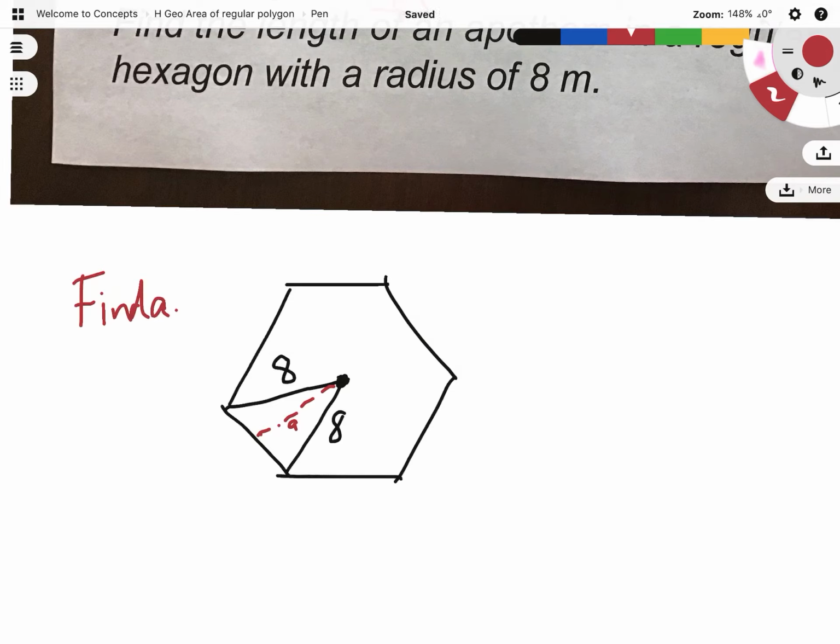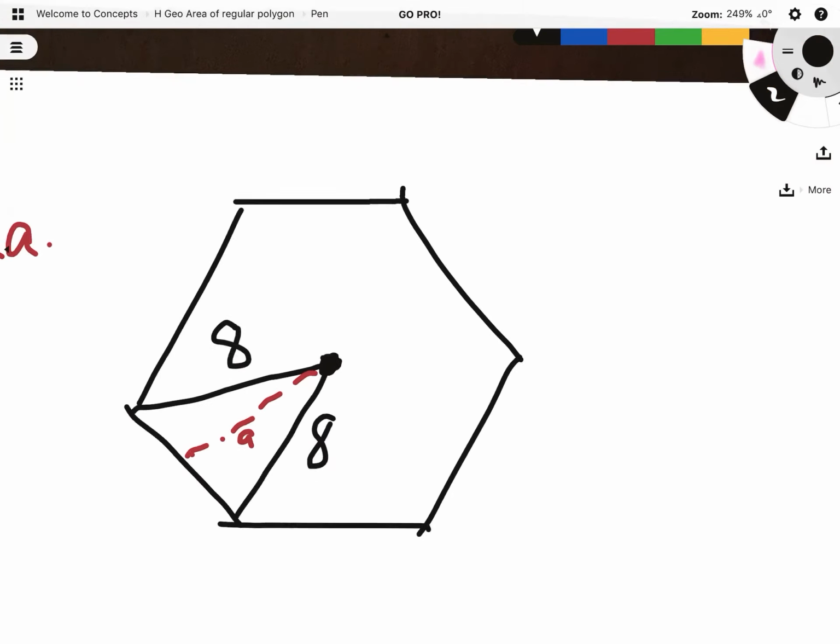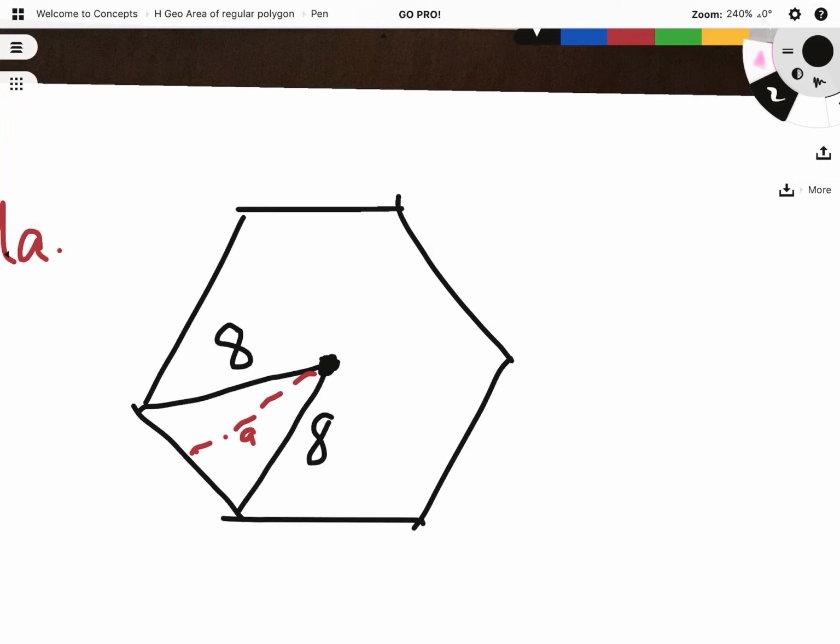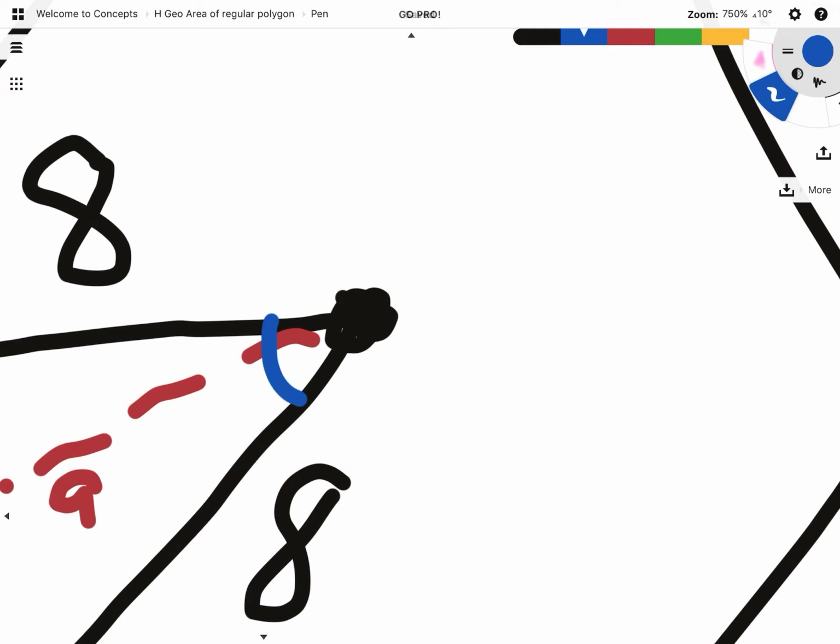Well, pause it and see if you can figure it out. All right, let's see if you got it. So we need to know some angles. It's a hexagon, so each of these triangles, the central angles are 60 degrees. So here is 60 degrees.